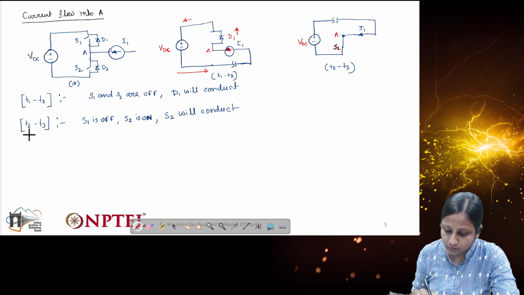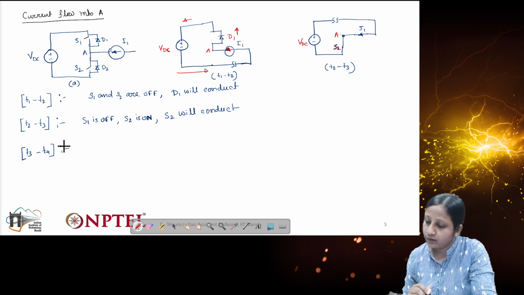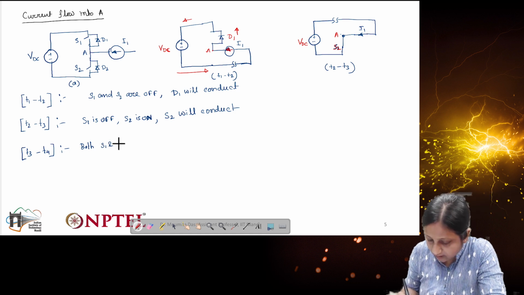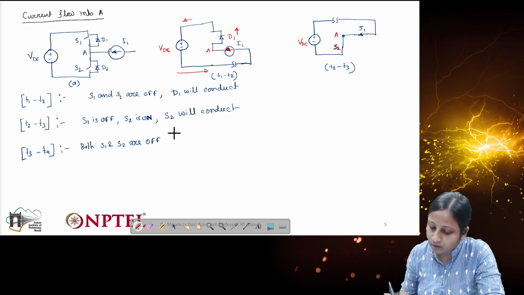Now let's consider the duration T3 to T4. So in this time what is happening? Again there will be dead time. Dead time means both the switches, S1 and S2, are off. Both are off. So again a similar situation happens as in the case of T1 to T2. So D1 will conduct.